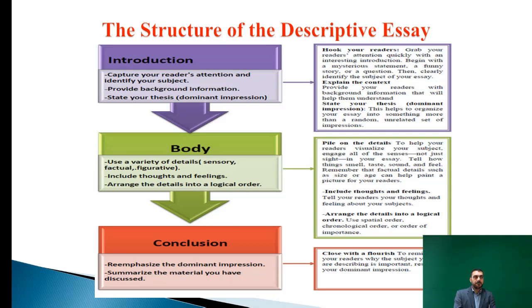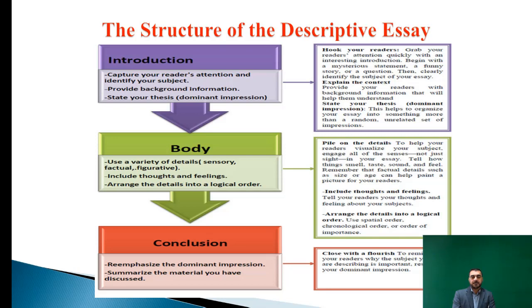And the second part of the descriptive essay, which is the body of the essay, should include one paragraph or more than one paragraph that give supporting ideas that help in describing the events or the object under description.